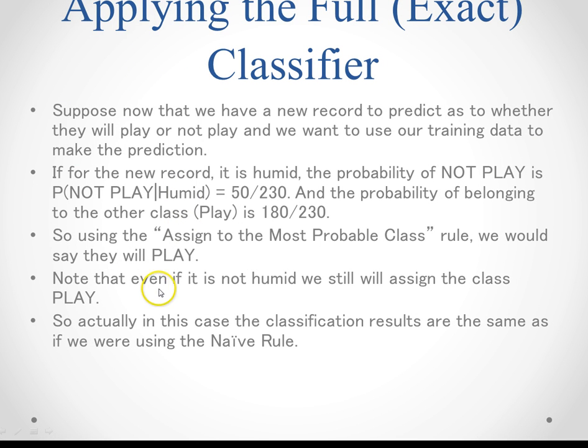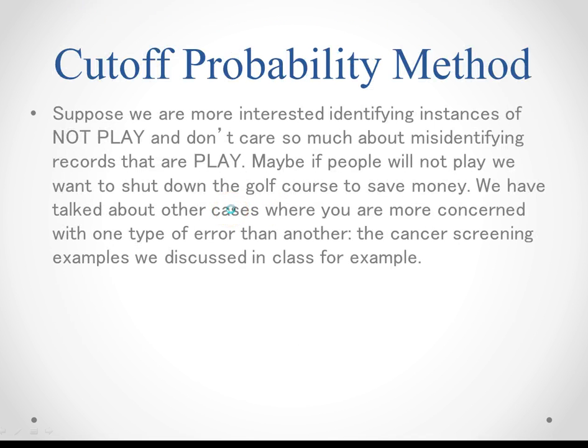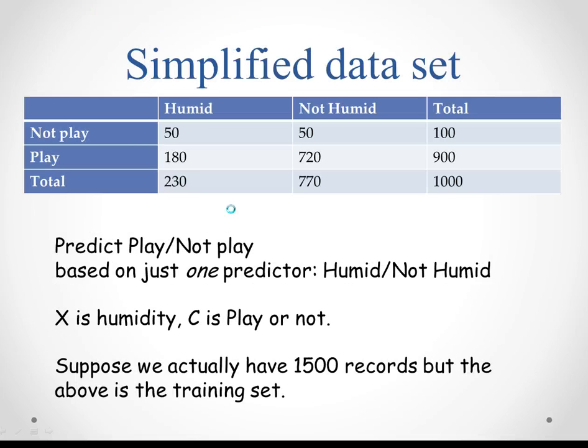So note that even if it is not humid, however, do you see what, anyway, if it's humid, what are we going to do? We're going to predict play, right? How about if it's not humid? What are we going to predict? Play, right?